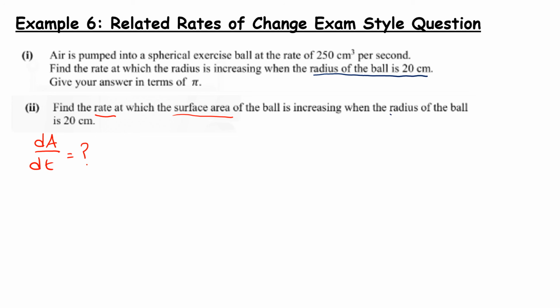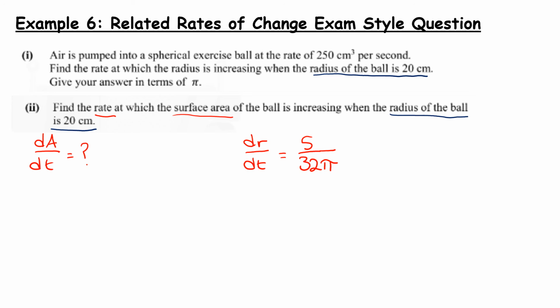So these two parts are connected. So bear in mind that we can use our answer from the previous part, which was dr/dt, and we worked that out as 5 over 32 pi. The reason I can use it like that and not just the formula is because we're dealing with the same point in time, i.e. when the radius of the ball is 20.